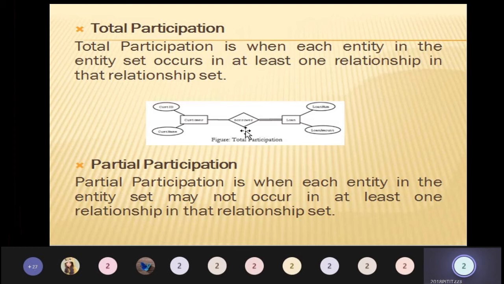That is total participation. While the bank customer may or may not have a loan. Therefore, the participation of the customer in the borrower relationship is partial. So you know the difference.